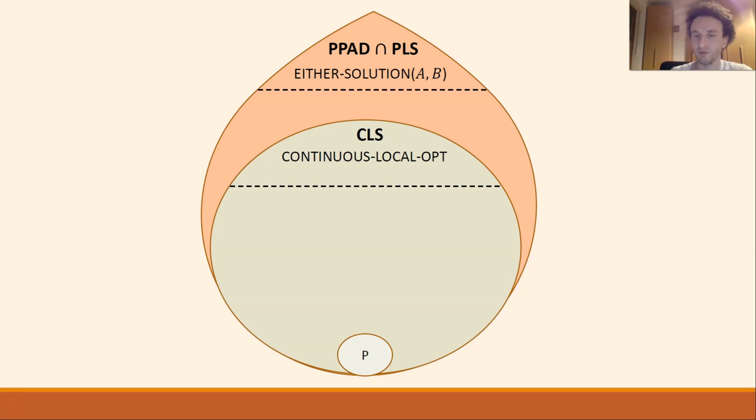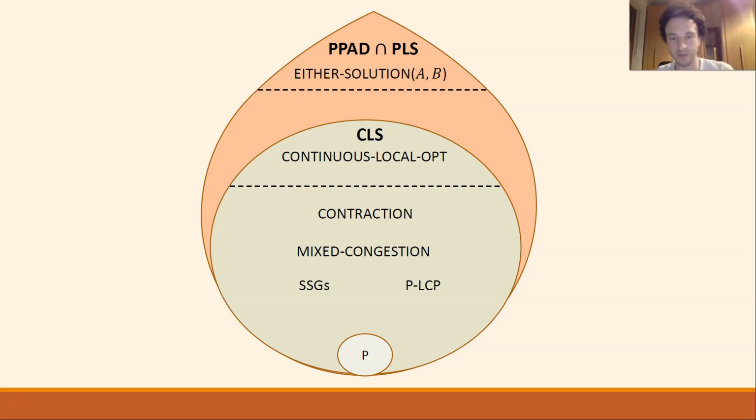And Kalakis and Papadimitriou showed that for most of the interesting problems in PPAD intersection PLS, they actually lie in CLS. And so the argument is that CLS is a much more natural class, much more likely to exactly capture the complexity of these interesting problems. So this was the state of the world before our work.